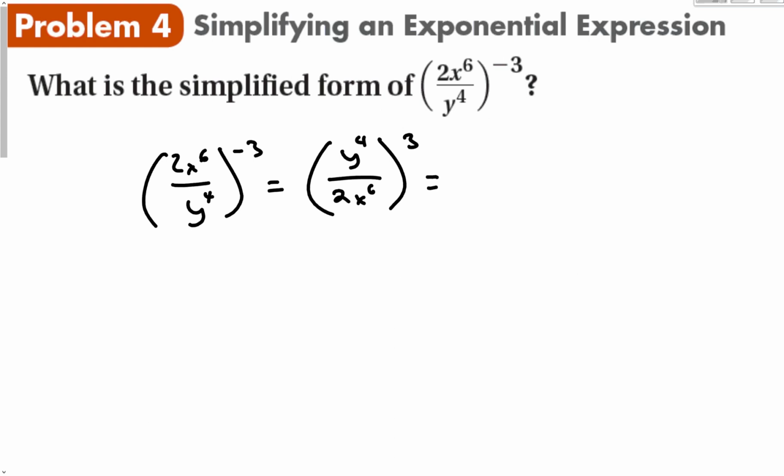And now, raising everything to the positive 3 is a little easier, because we get y power to a power, multiply exponents. 2 times 2 times 2 is 8, and x to the 18. Okay?